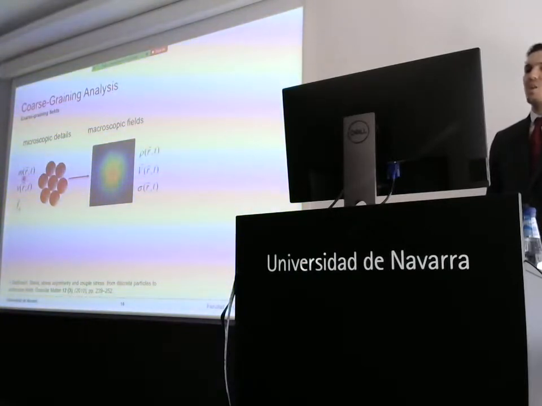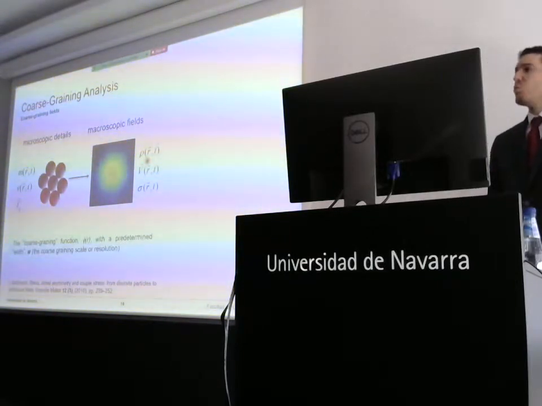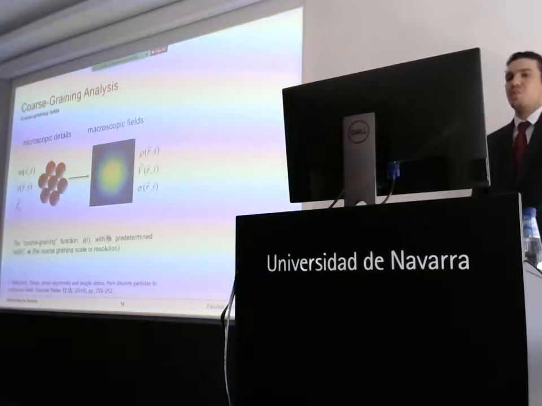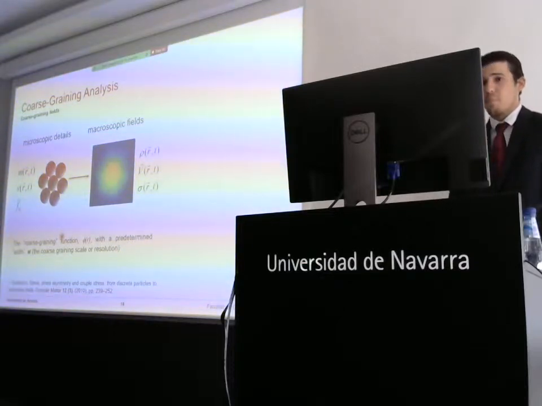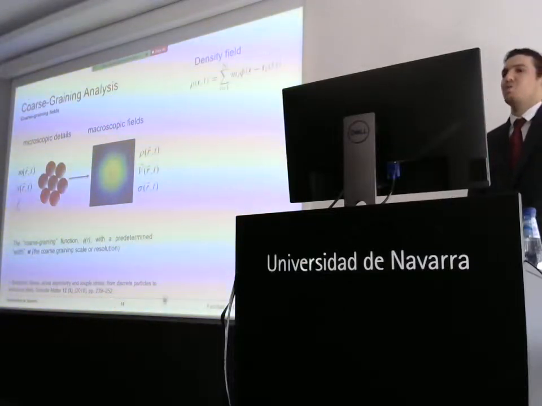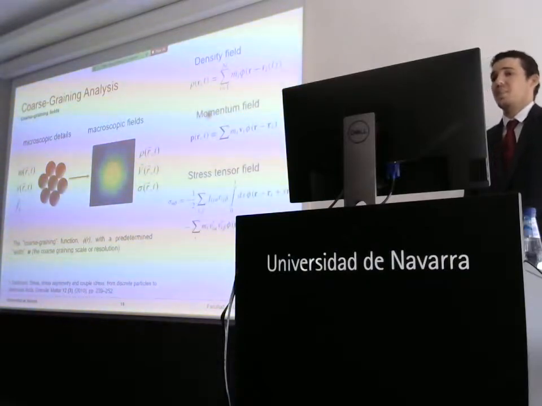For example, from mass, velocity, and forces, we can obtain the density, the velocity, and the stress tensor. For that, we need a coarse-graining function. With this function, we define a width that is also called the coarse-graining scale or the resolution scale. Using this function, we can obtain, for example, the density field, the momentum field, and the stress field.